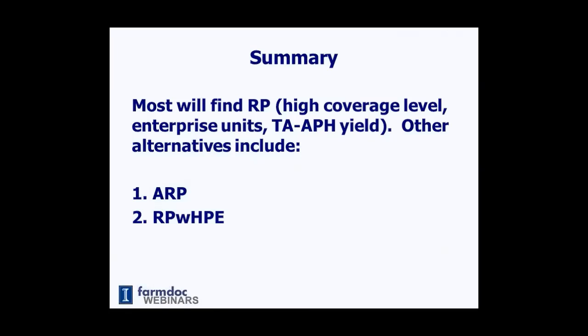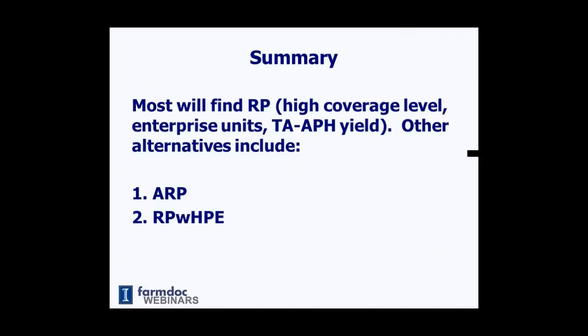Summary here, product choice. Most farms will find RP at a high coverage level, enterprise unit, TA-APH yield as the choice. If you were there last year, just stay there. If you were GRIP HR last year, you're going to have to switch to ARP. There's not a lot of reason for those to change.